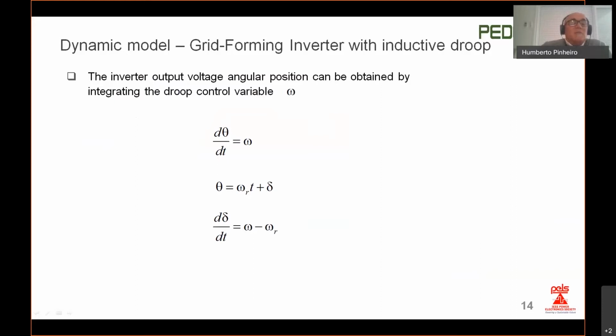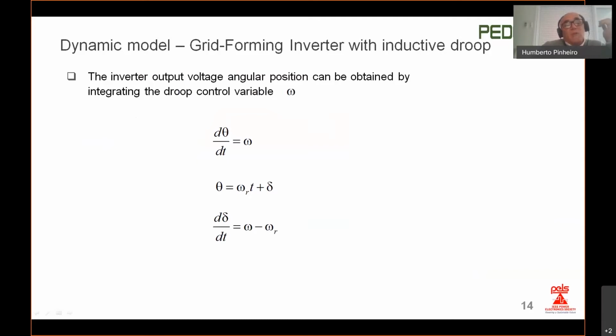The time derivative of theta is equal to the frequency. Also, if you consider that the grid frequency doesn't change significantly, we can see that this angular position will be equal to the frequency of the grid times the time, plus the power angle.